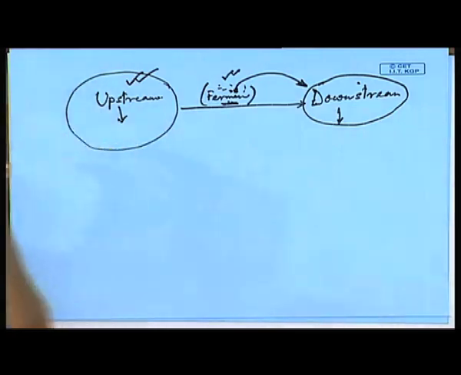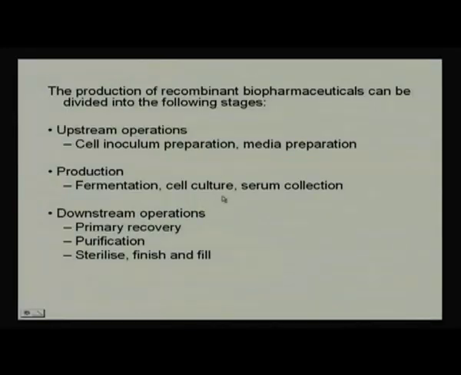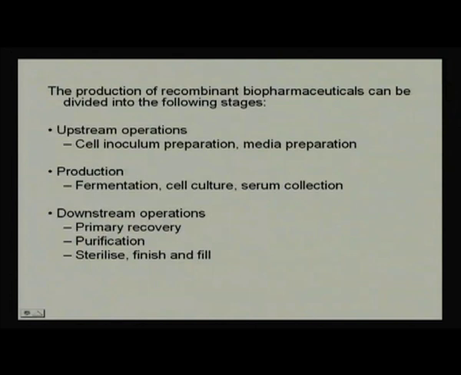So, whether it is fermentation, cell culture, or serum collection, whatever the system may be, irrespective of plant cell, animal cell or microbial cell, when production of the product is there, we are talking about the transition phase, and then we go for the downstream operation.